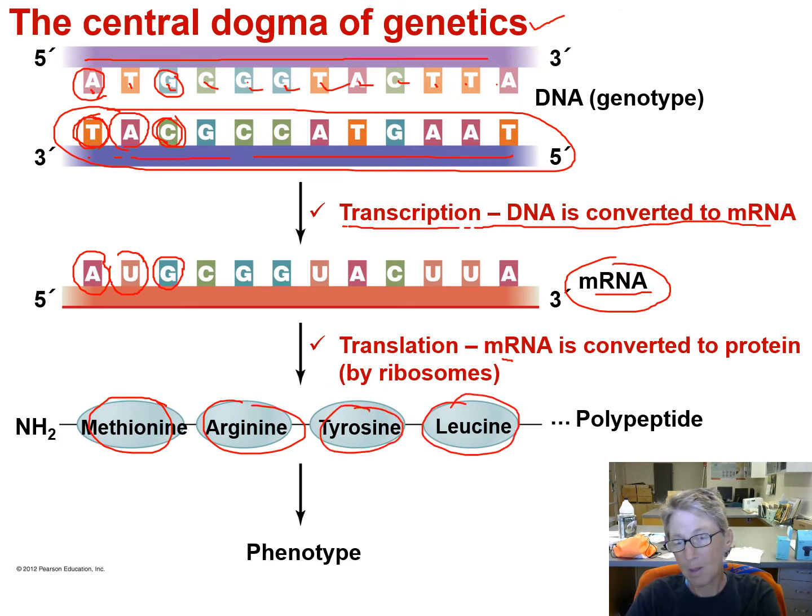You'd make a polypeptide on the ribosome, and then you'd hook your polypeptides together and make a protein, and that'll give you the phenotype. The phenotype is what you see of the organism, what it looks like. So, for example, the phenotype of my eyes could be blue or green or brown. That would be a phenotype.